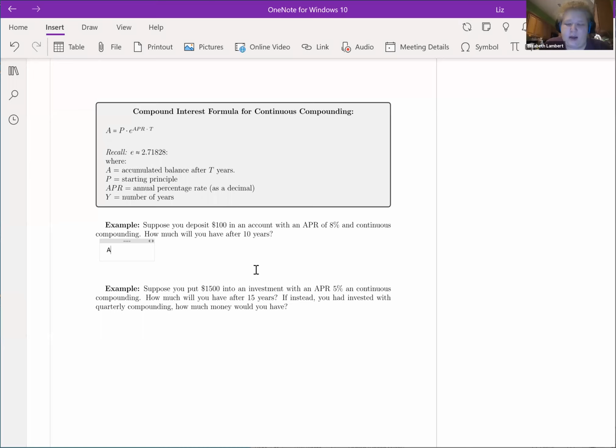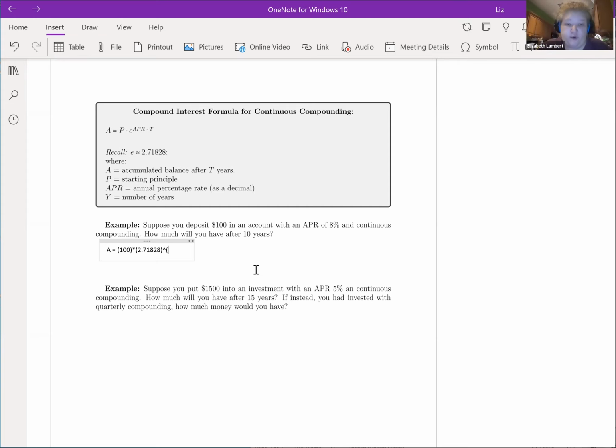But if we had $100 and we're going to continuously compound it, we put the 2.71828. We're going to raise that to, and here it's not nt because the n is continuous, it's the rate, the APR times t, the number of years.